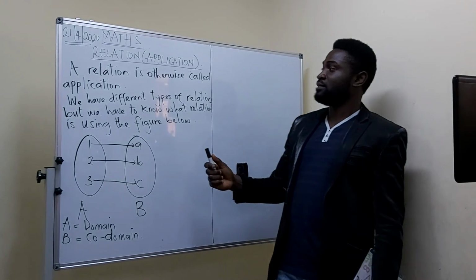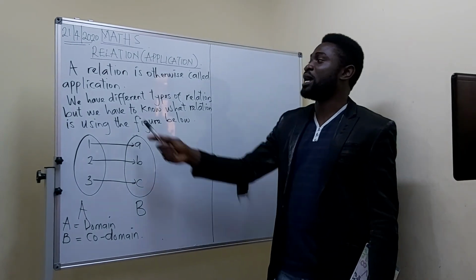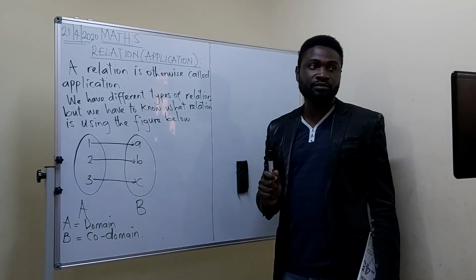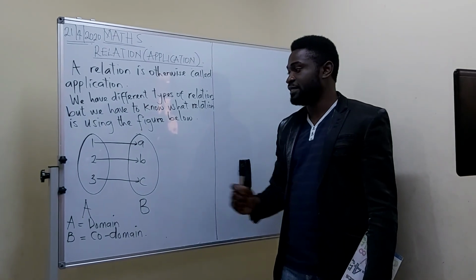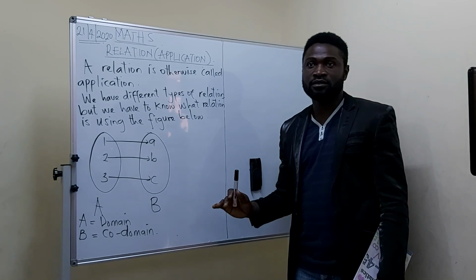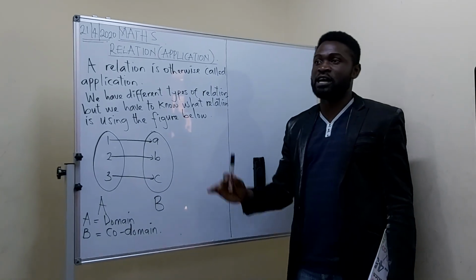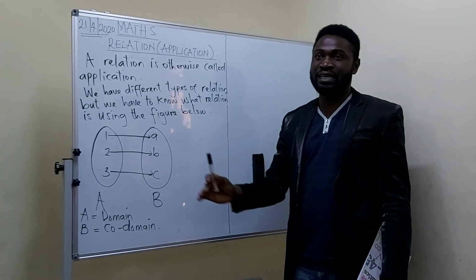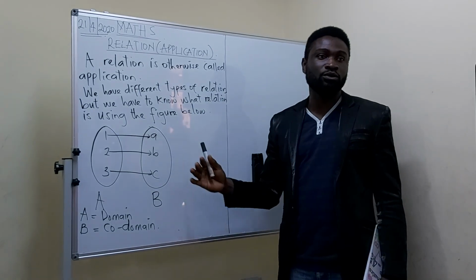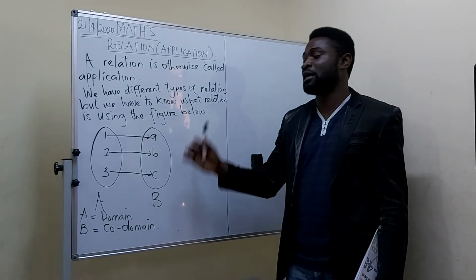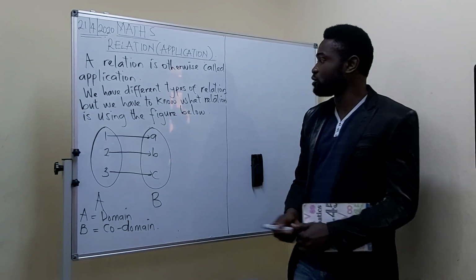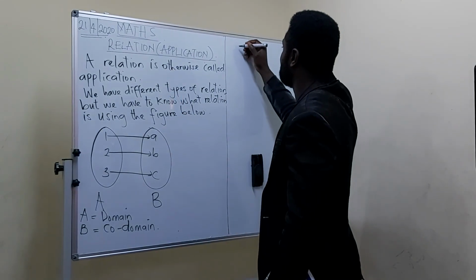I said in the note above already that we have different types of relation. But first we need to know what relation is. This is called a relation. And I'll have to draw another figure to show you the ones we cannot call relation or an application. So I want you to pay attention as I draw another figure.